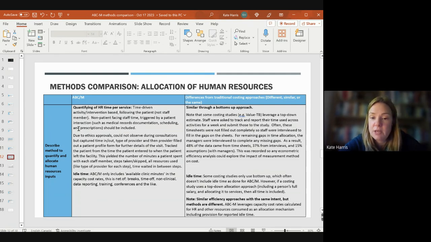Some studies, for example, Value TB, when they do their top-down allocation, that can give you a sense of how much time wasn't used, whether that was idle or whether that was for training or data collection or something else other than patient-facing time. And so you can get that estimate. So it's an important note to look at how that idle time or how non-clinic facing time is used.